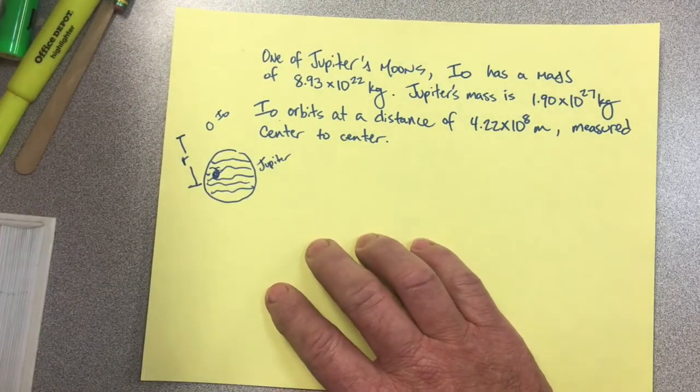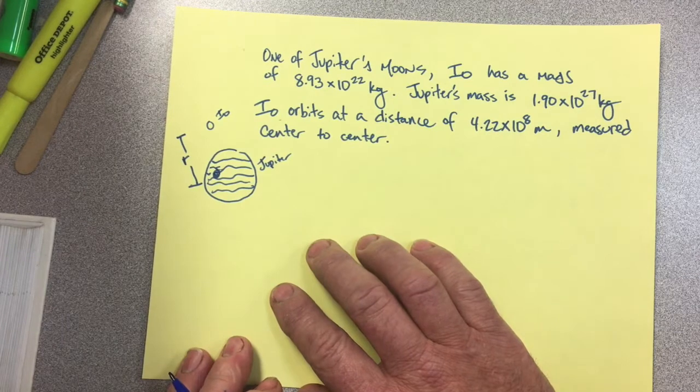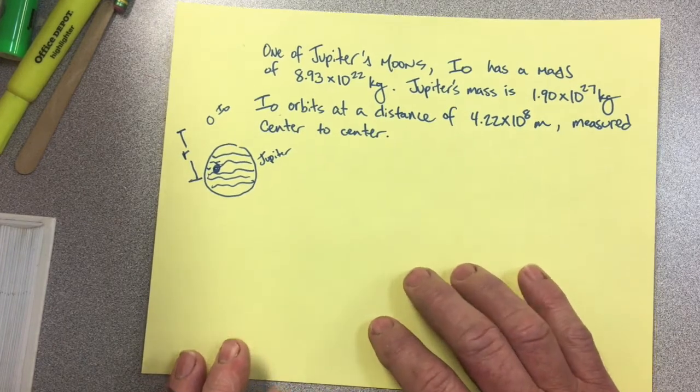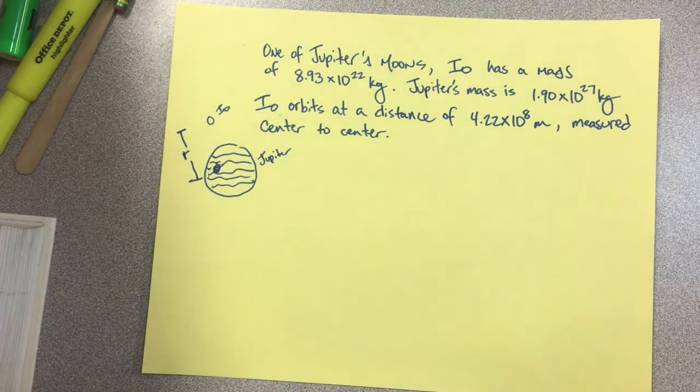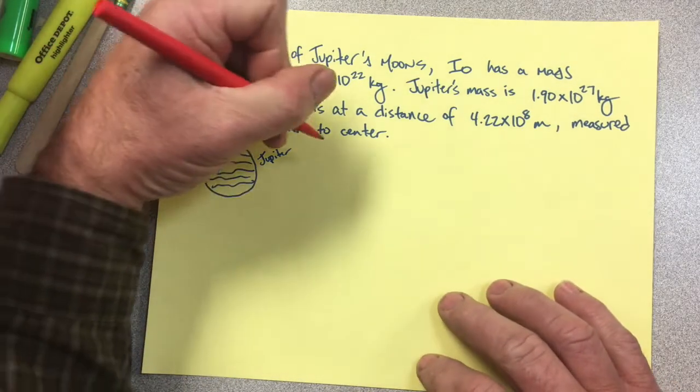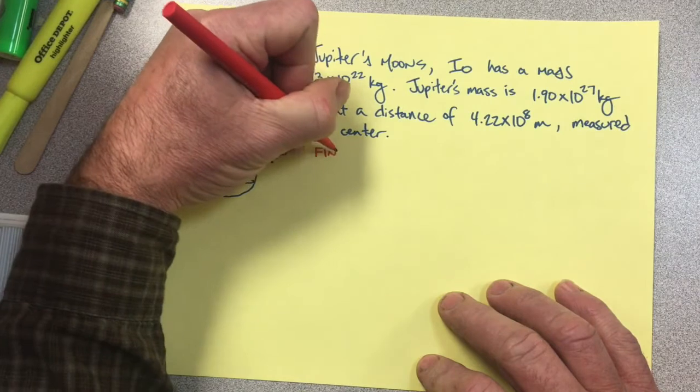Okay, let's assume that we want to find the gravitational force that Io and Jupiter exert on each other.